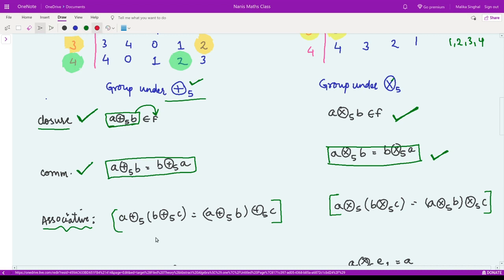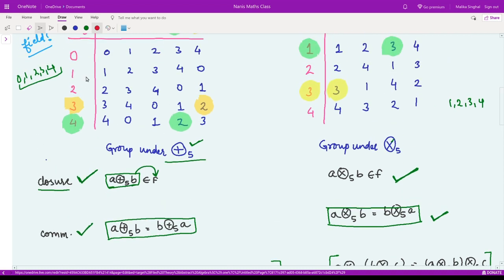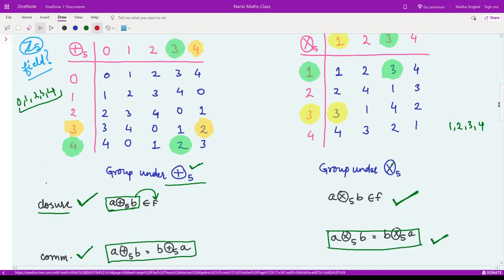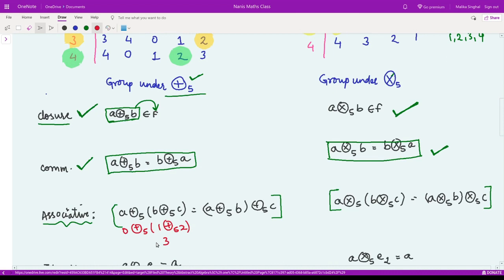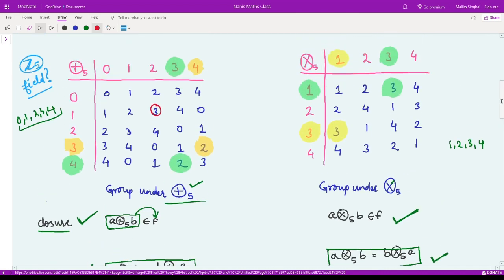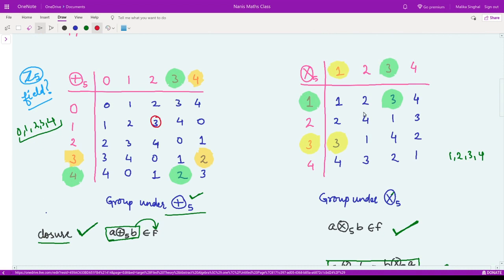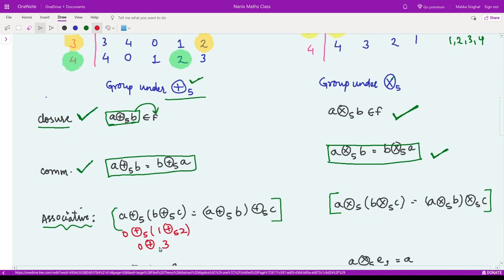For addition, let me take 0 addition mod 5, then 1 addition mod 5 2. What is 1 addition mod 5 2? It is 3. Then 0 addition mod 5 3 is 3. So the answer from the left hand side is 3.